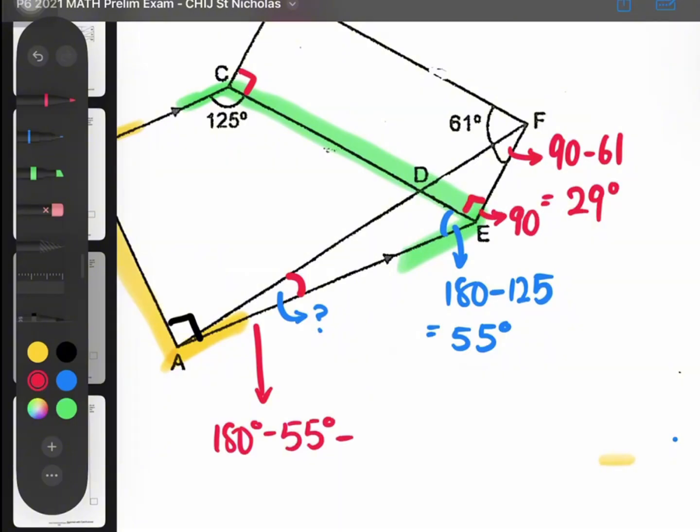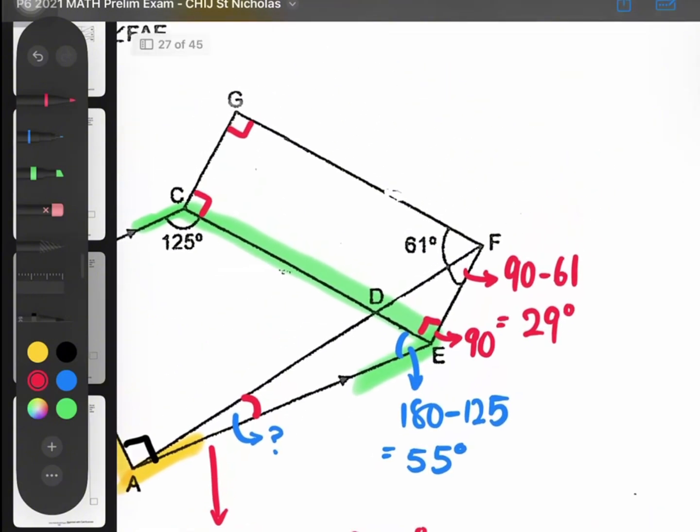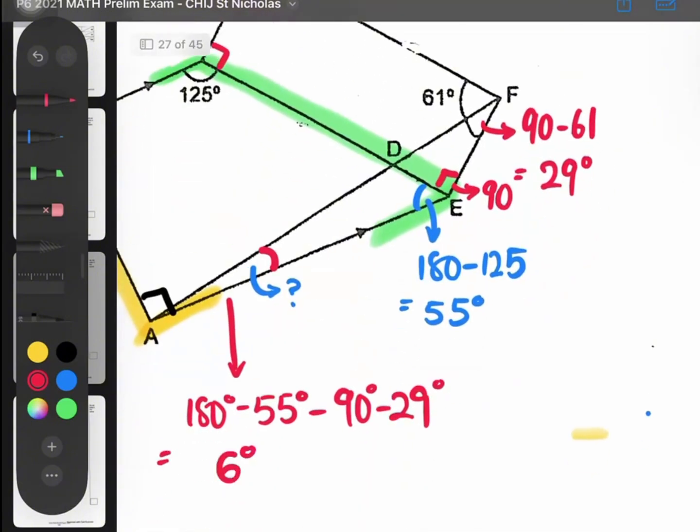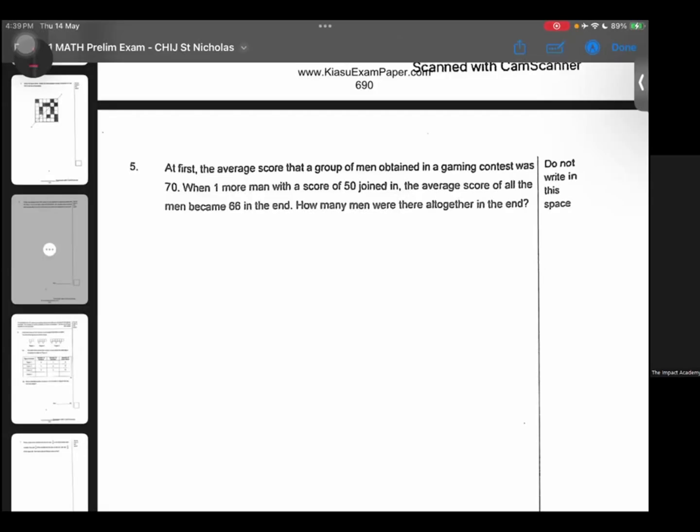If you're wondering why there is 90, there's a 90 over here. Minus away 29 degrees. When you do 180 minus 55 minus 90 minus 29, we get an answer of 6 degrees. And that's how you would do a question like this.